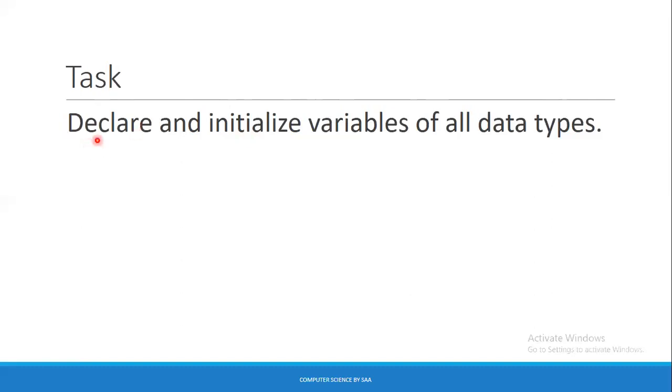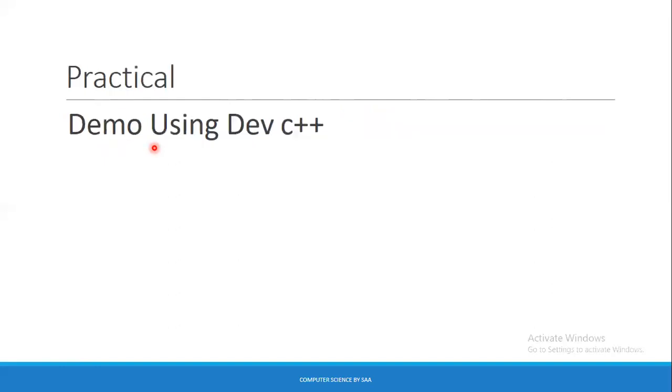Declare means to define its data type and the variable name, and initializing means to assign values to those variables. Here I am going to give you a short demo using Dev C++ for these data types.